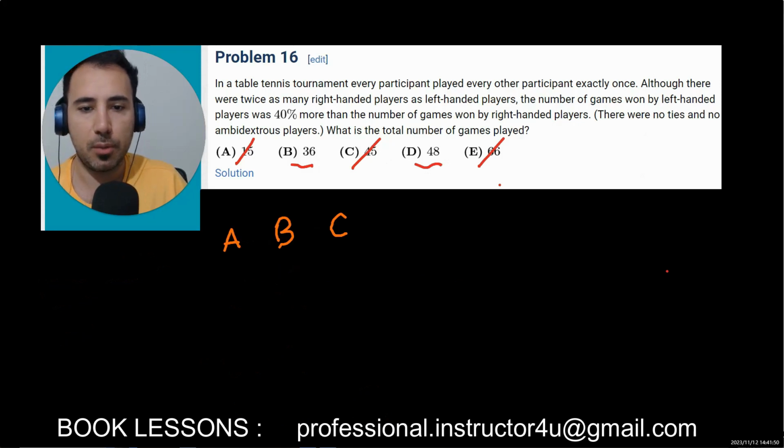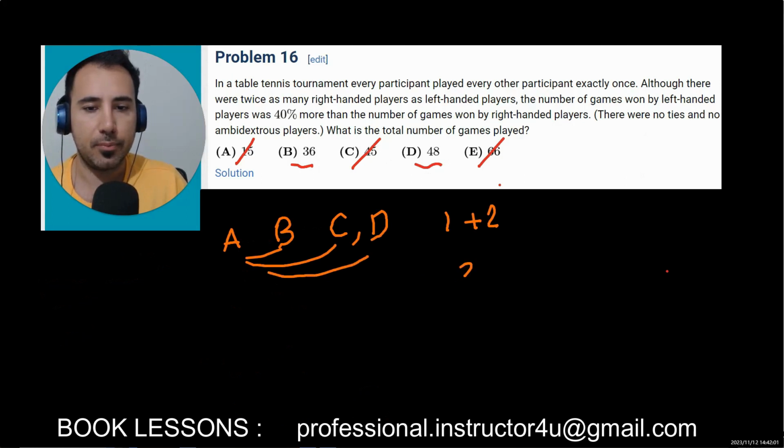So it would be 1 plus 2. If I add another player, A would play with all three, so it will be 3, and then B will play with these two, plus 2, and then C and D play.